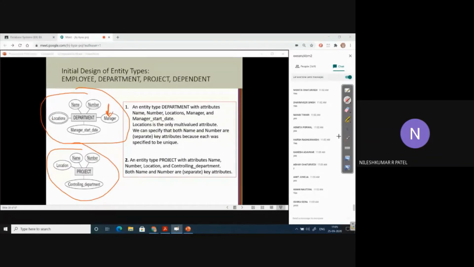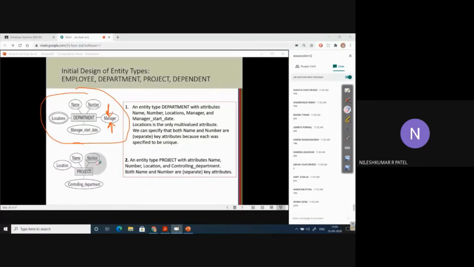This is very important, and please take part in the discussion. If I ask any question, please try to give an answer, maybe wrong, maybe right, but it is okay so you will be able to understand. What is the meaning of including the manager attribute in the department entity type?